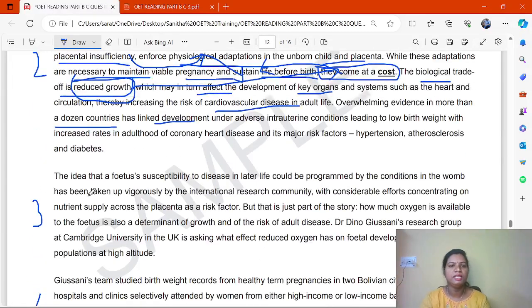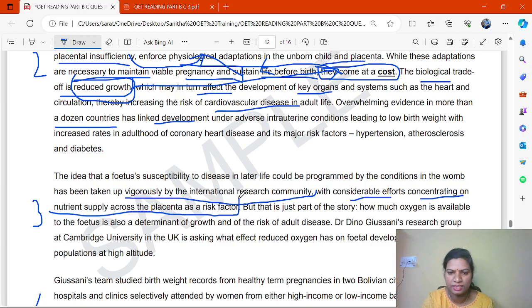The idea that fetus susceptibility to disease in later life could be programmed by the condition in the womb has been taken up vigorously by the international research community. They did some studies with considerable efforts concentrating on nutrient supply across the placenta as a risk factor. But that is just part of the story.